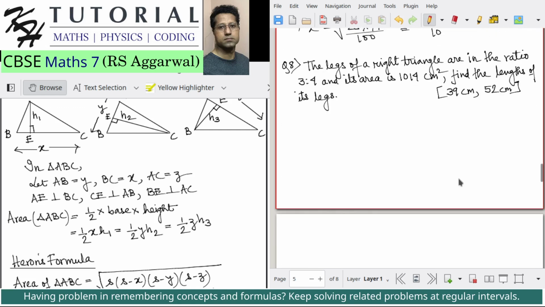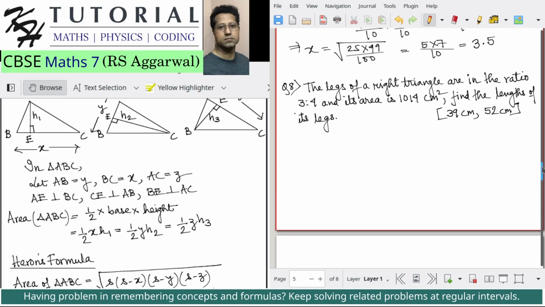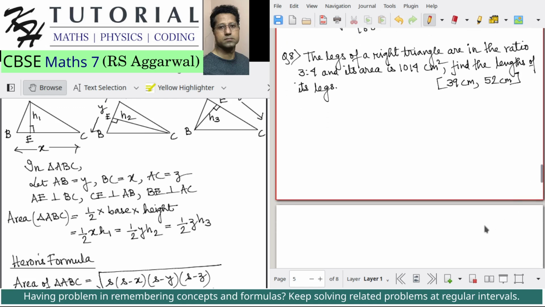Question number 8. The legs of a right angled triangle are in the ratio 3:4 and its area is 1014 centimeters square. Find the lengths of its legs.